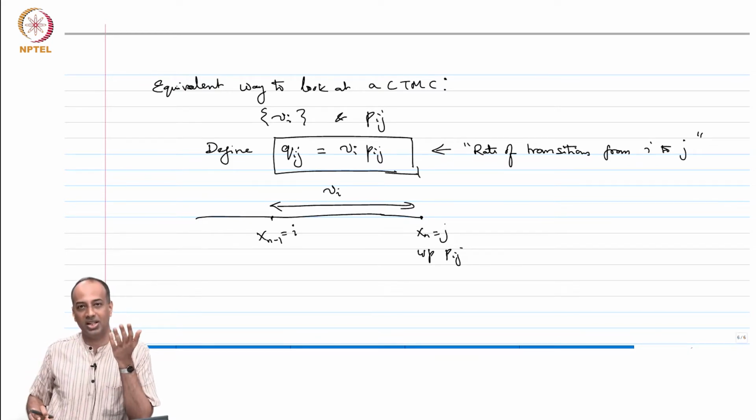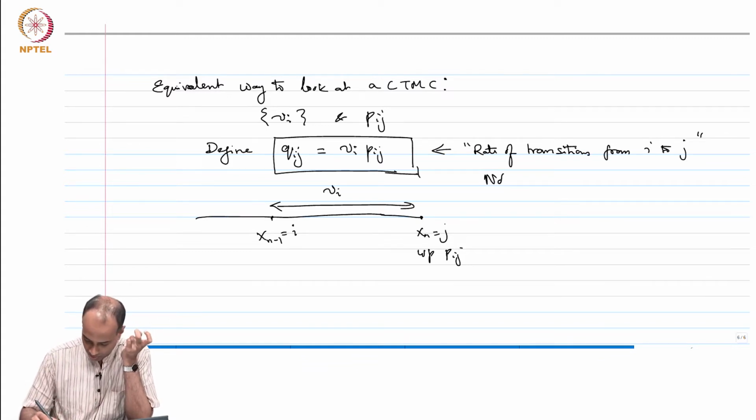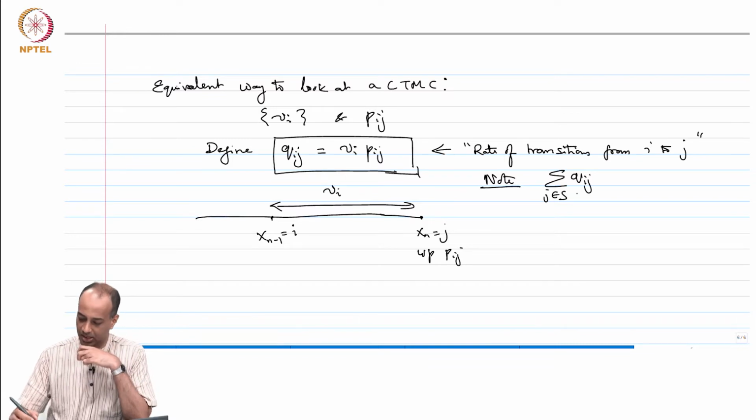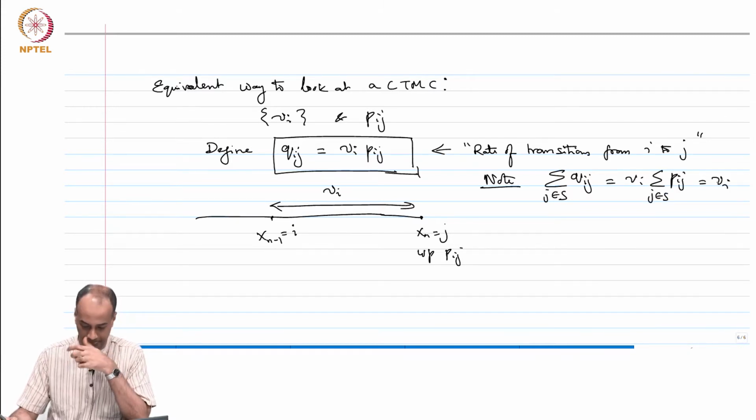Note that the sum of Qij over all the other states is nu i times the sum of Pij over all the states, which is just nu i.